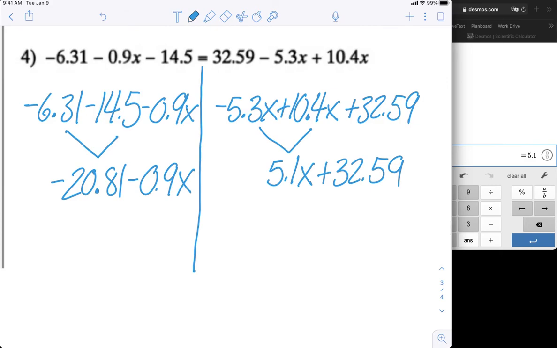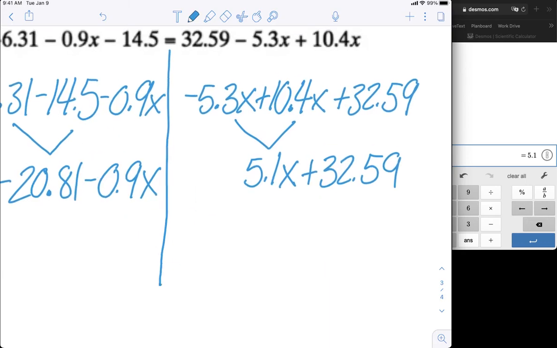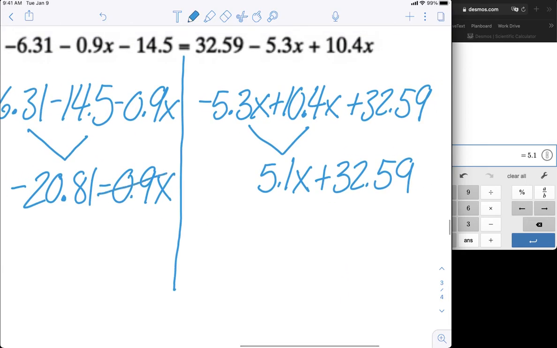Now what I want to do, everybody, is bring all my x's to one side and all my numbers to the other side. So I'm going to bring this negative 0.9x over and call it plus 0.9x. So minus 0.9x becomes plus 0.9x. My x's are going to be on the right.